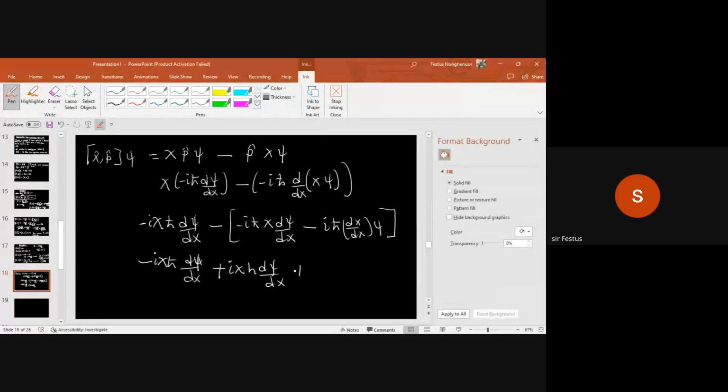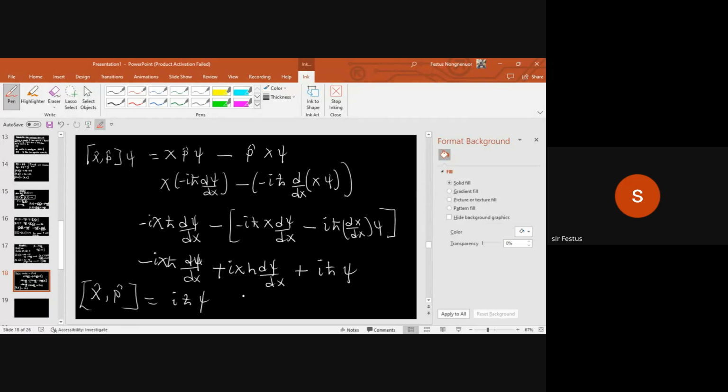Then the derivative of x is 1, so you are left with psi here. So this is negative, positive, they cancel out. And the commutator of x and p is nothing but i h psi. So this is what they are in the model.